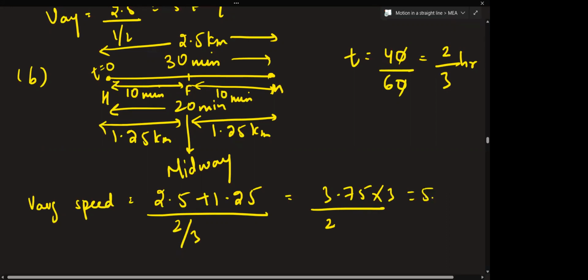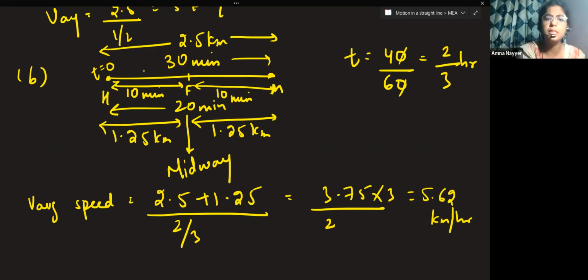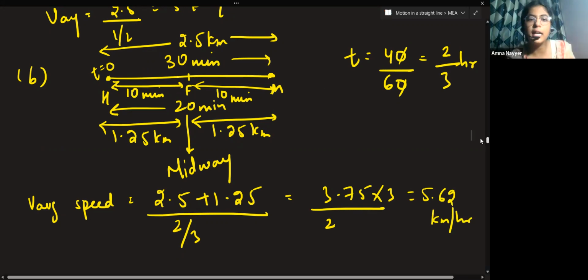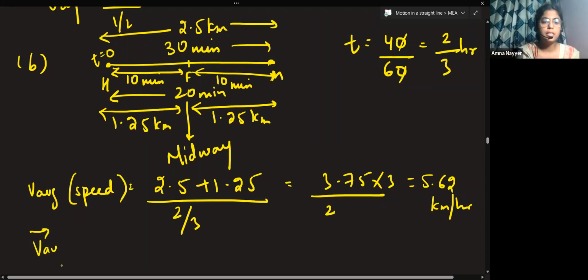Yes, ma'am. Others also just cross check it. Since I don't remember the exact answer, it can happen that by mistake Aram must have committed an error. Otherwise, I'm writing it down here. Others also please do the calculations and let me know. And regarding average velocity, also take it out. You know the total distance right now. Displacement, V average, this was speed, this is velocity.